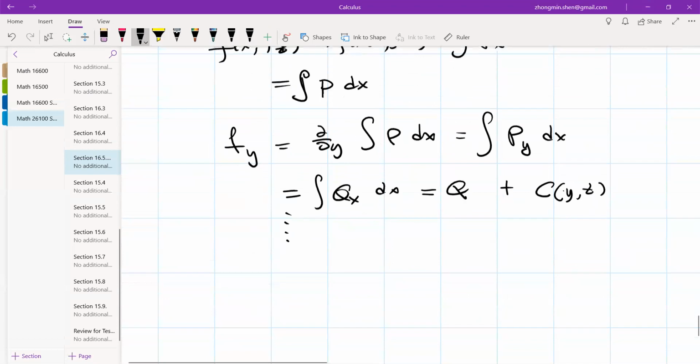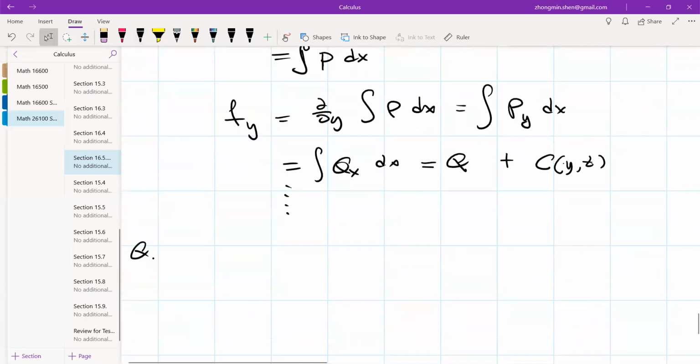Now let's do another problem. Let's consider the vector field. I'm going to modify this problem a little bit.